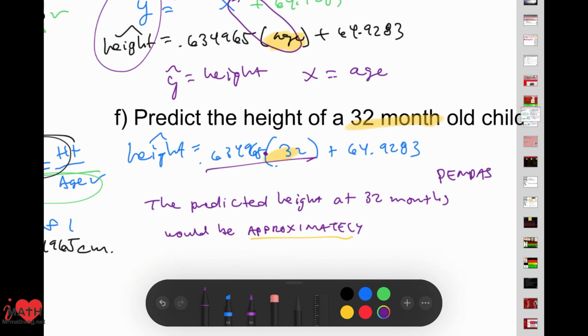That's why I have this word approximately. 85.2 centimeters tall.